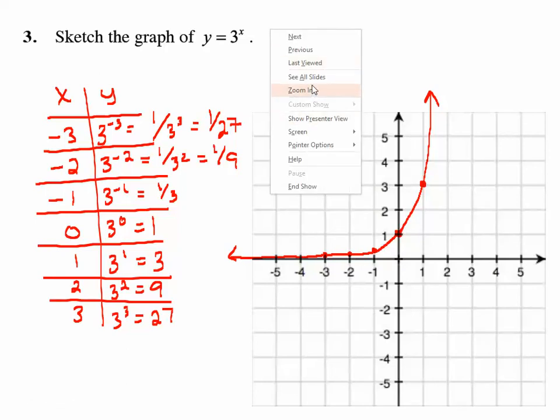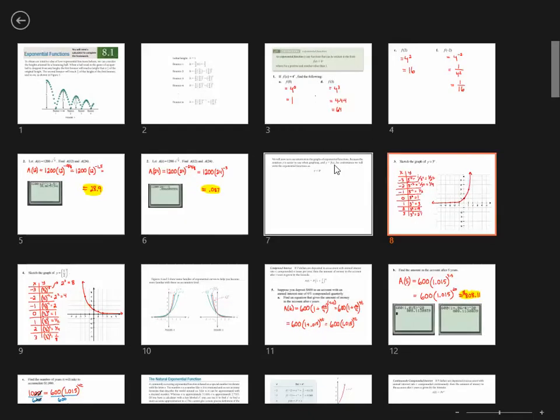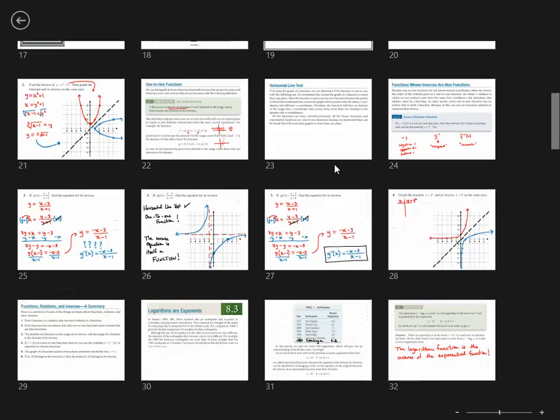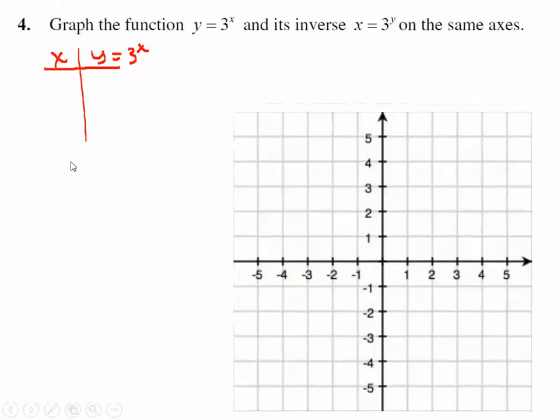There's kind of 2 different ways to graph the inverse. Let me jump to where we're at on the problem here. So there's my dots: -3, 1/27th; -2, 1/9; -1, 1/3; 0, 1; 1, 3; and that's about it.